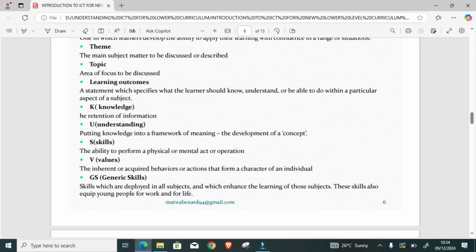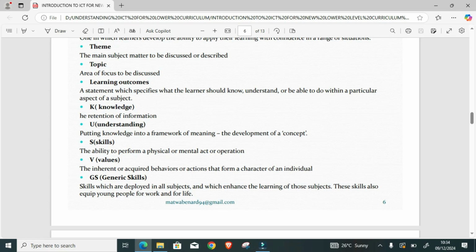So we have S. S is skills. Skills is just the ability to perform a physical or mental act or operation. Skill deals with the practical application of knowledge, what you have in your head, doing it practically.